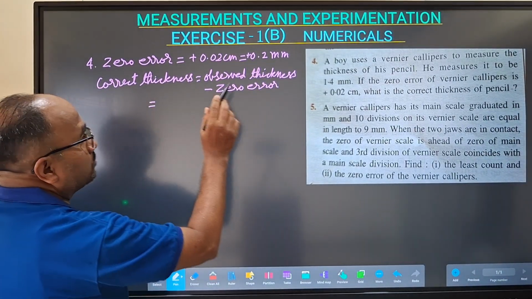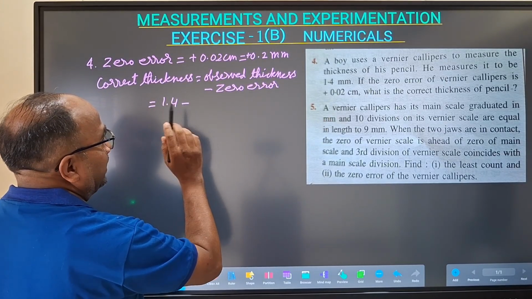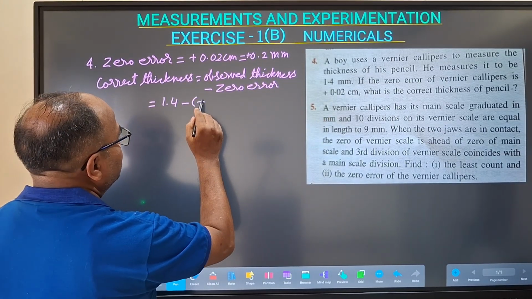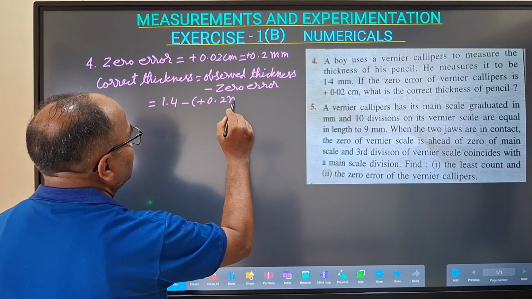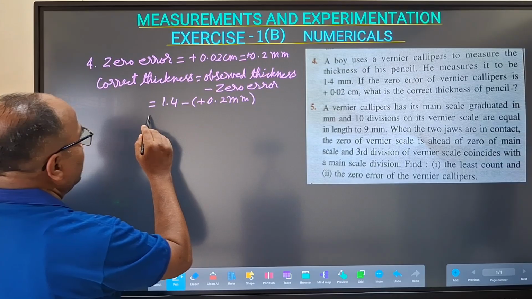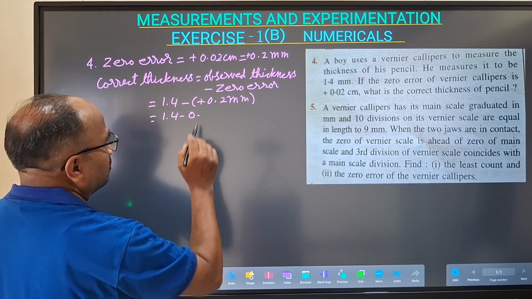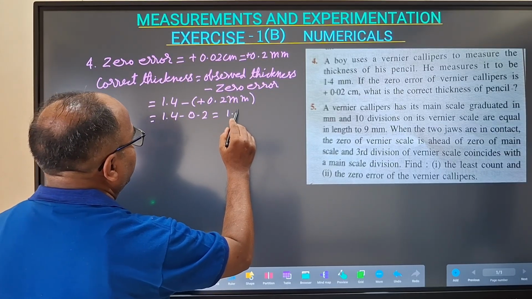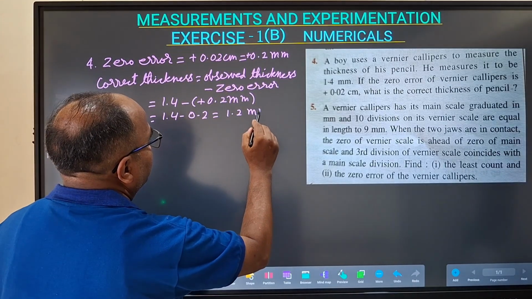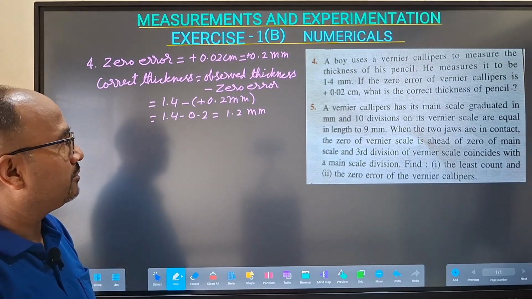Okay, so observed reading for us is 1.4 millimeter minus, and the zero error is plus, so I will write the sign plus, and 0.2 mm. Okay, so 1.4 minus plus is minus 0.2, so that will give me 1.2 mm. So this is the correct thickness. So we are done with number 4.